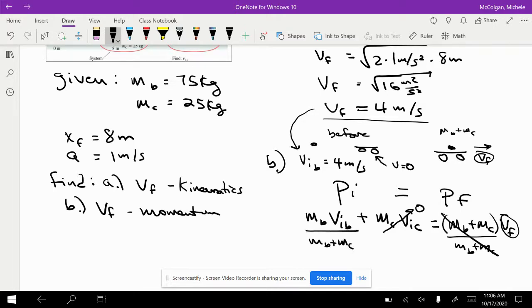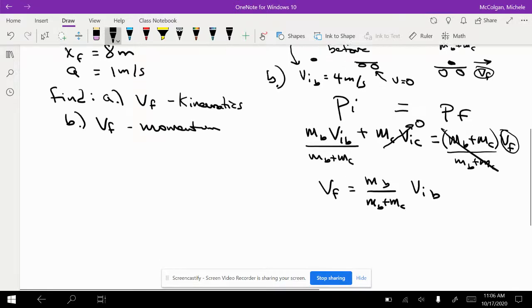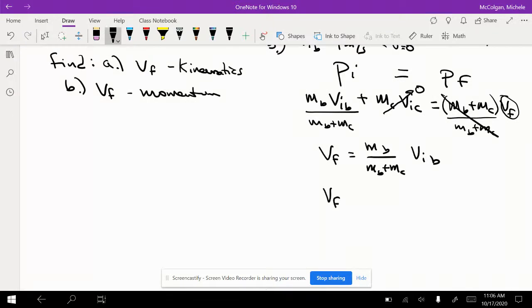These cancel, so I can now solve for v final equal to the mass of Bob over the mass of Bob plus the mass of the cart, times the v initial of Bob. Plugging in our numbers, that's 75 kilograms over 75 kilograms plus 25 kilograms, times 4 meters per second.